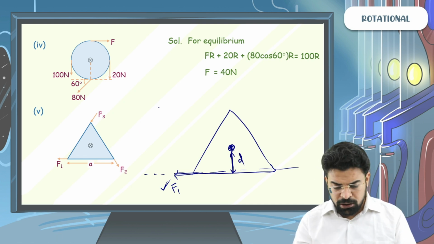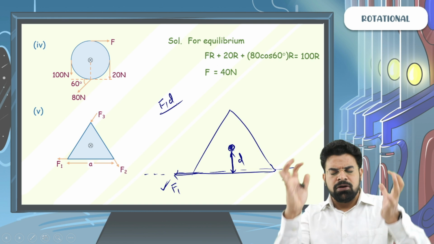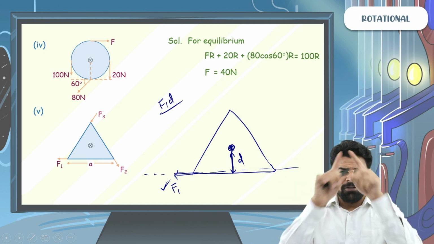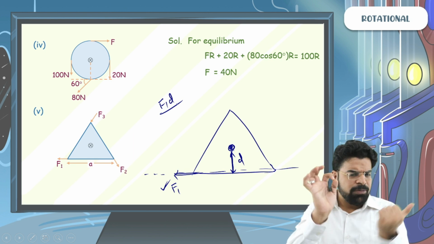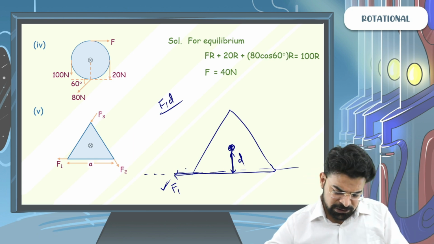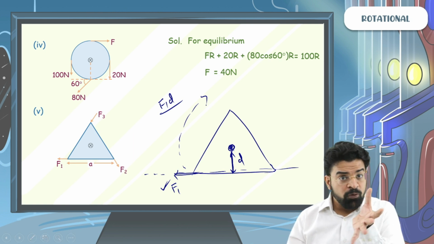So the torque due to this force F1 will be F1t. Now visualize whether this force is trying to turn it clockwise or anti-clockwise. If I have a triangular plate hinged at the centroid and we apply a force F1 here, this force is trying to turn it clockwise. So the torque of F1 will be clockwise.